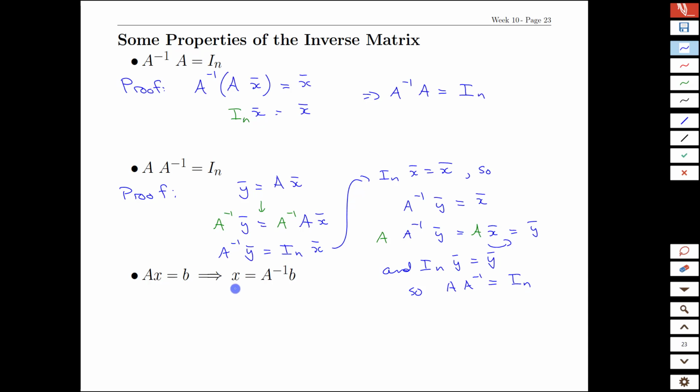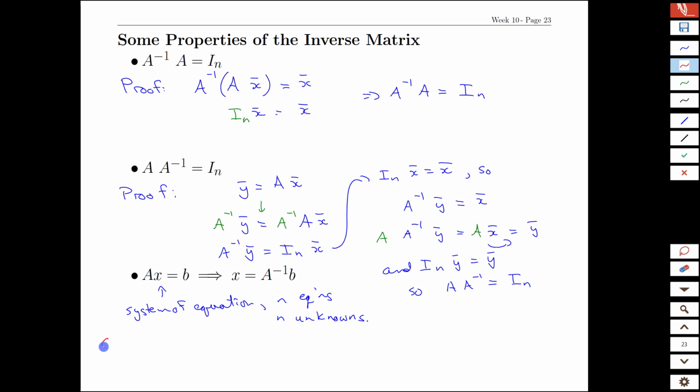Now this last statement is interesting because it seems like an easy way to help us solve systems of equations. This is any linear system of equations, n by n: n equations and n unknowns. When we have that scenario, if there is an inverse, then we can solve for x.